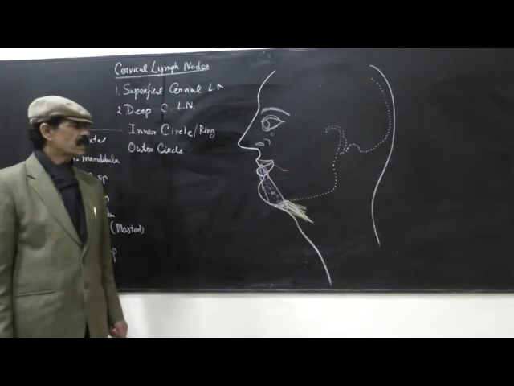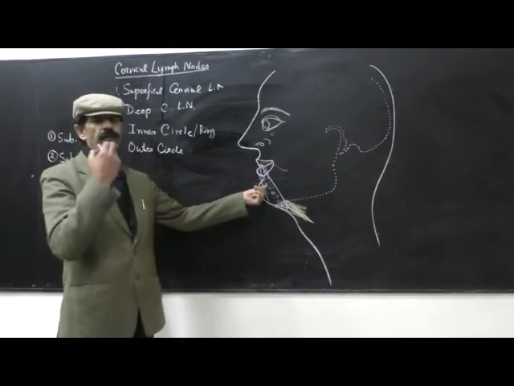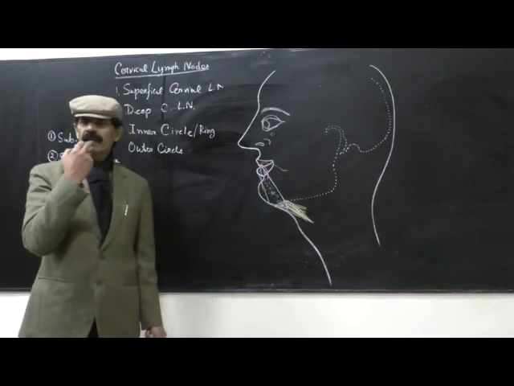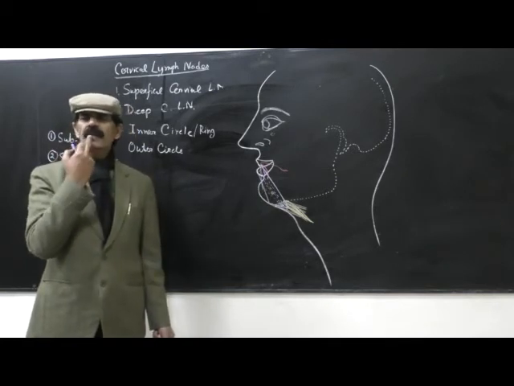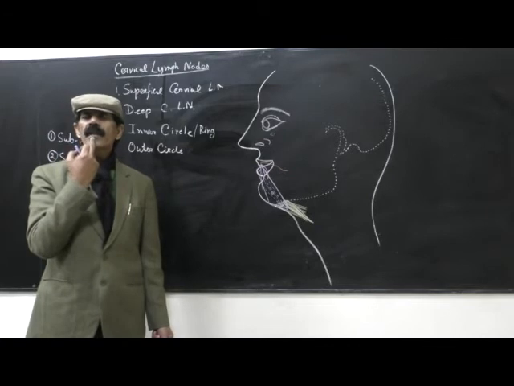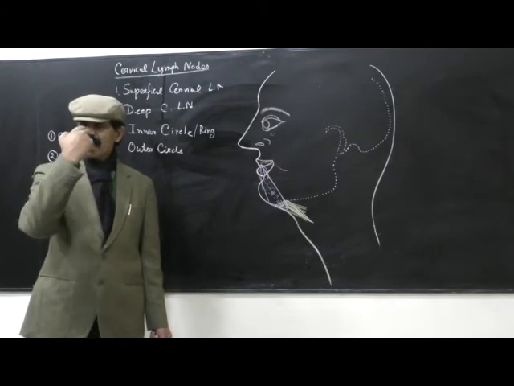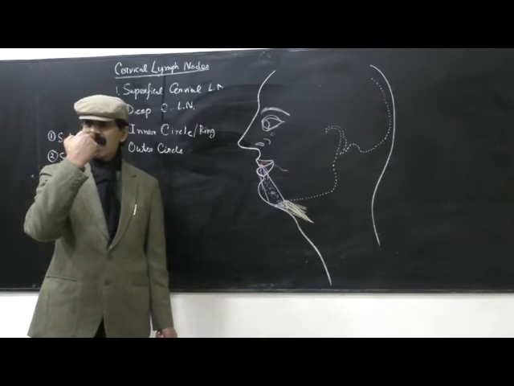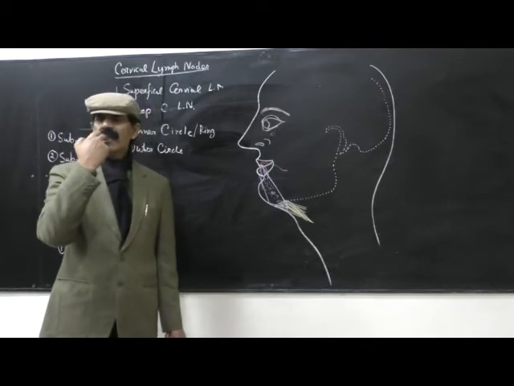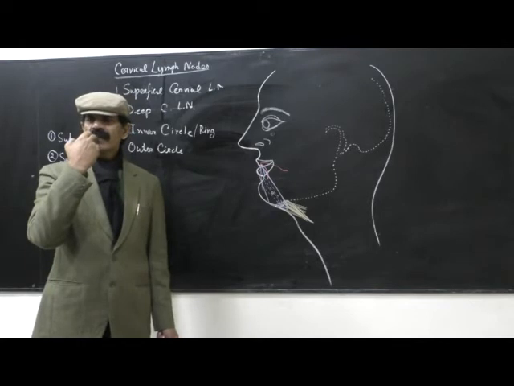Plus it also receives the afferent from the floor of the buccal cavity. So the floor of the buccal cavity, the central part of the lower lip, and the gums, labial and lingual, in relation to the incisor.